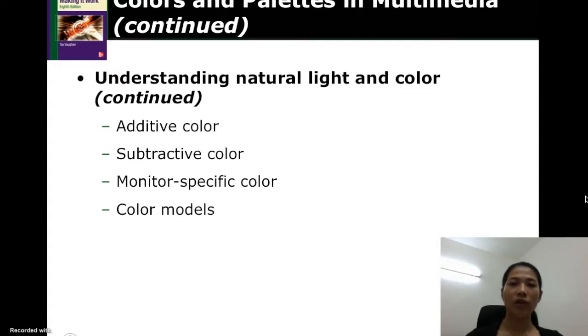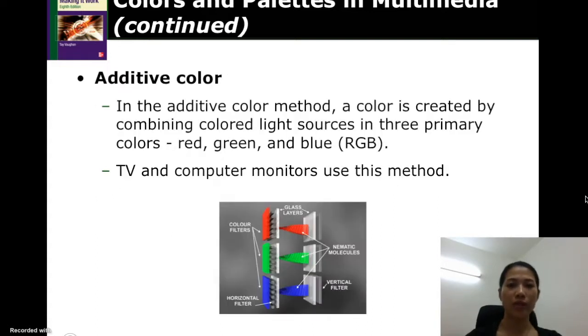About natural light, we should also discuss what additive color is about, what subtractive color is about, and we also monitor specific colors and the color models. So additive color is a color that is created by combining colored light sources in the three primary colors RGB. TVs and computer monitors actually use this method.